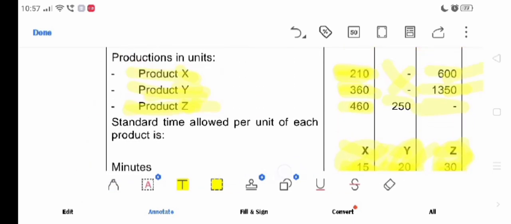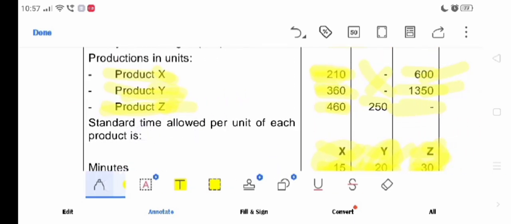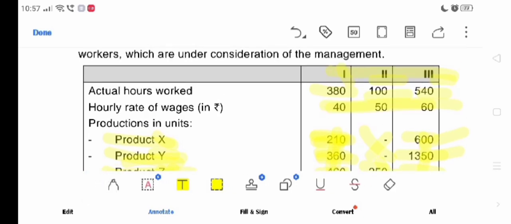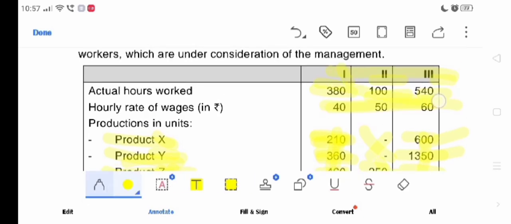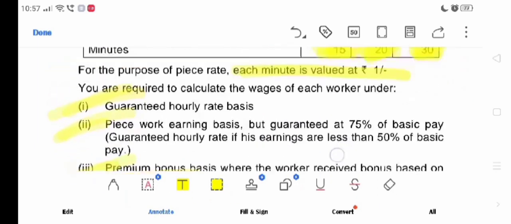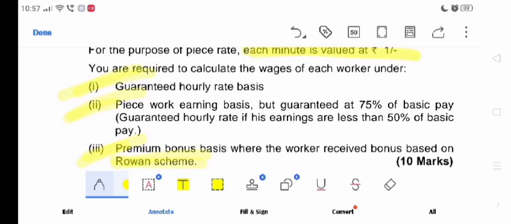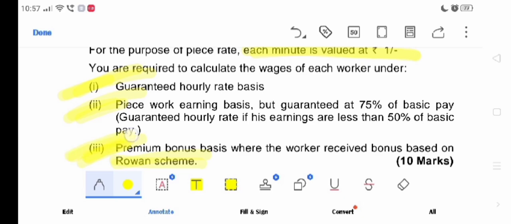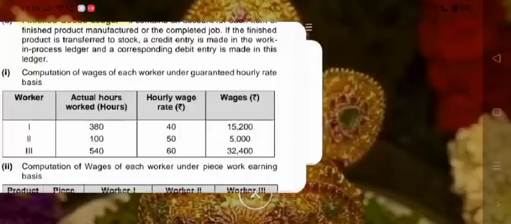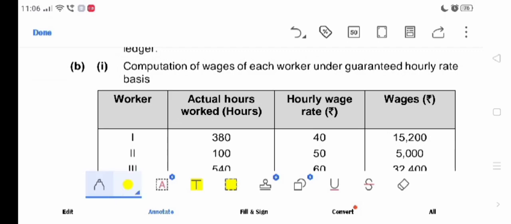They have given you the time allowed, how many units they have produced individually, and the hours worked and basic wage rate. All the information is right here. They have also given the methods we have to use. Now that we have everything, we shall go to the answer and see how they have computed.